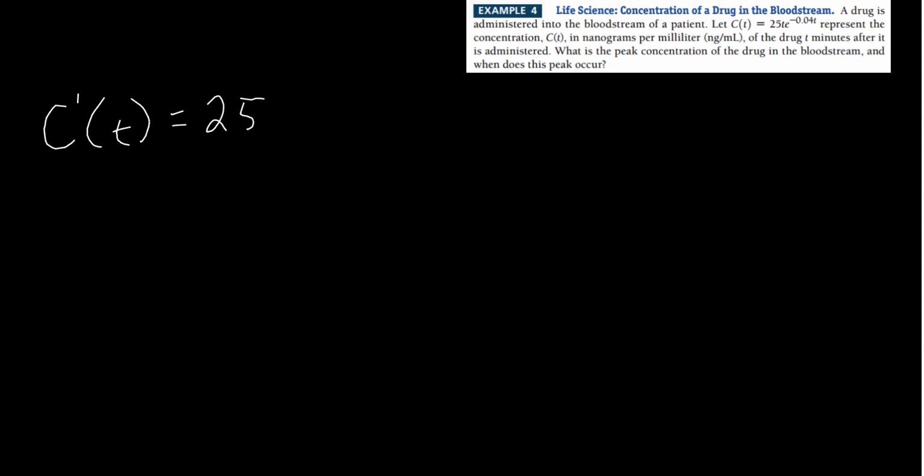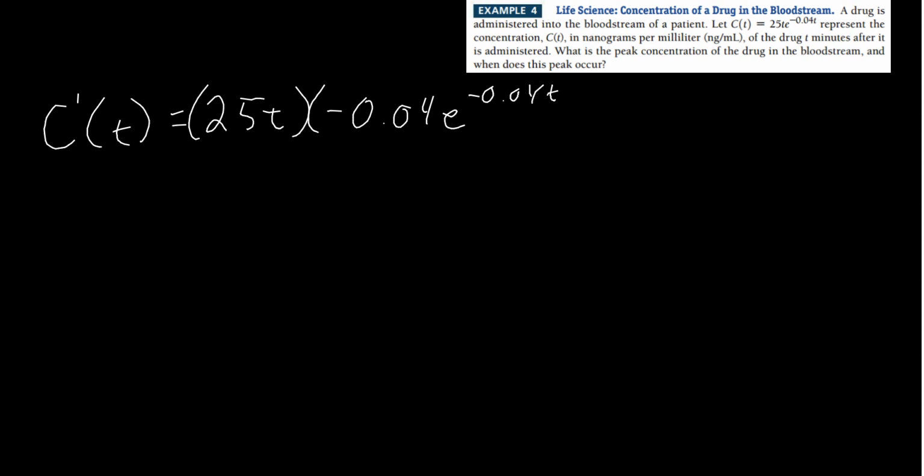Since it's an e, all you do is put the derivative of the exponent in front and keep the e. The derivative of the exponent is negative 0.04, and then e to the negative 0.04t.